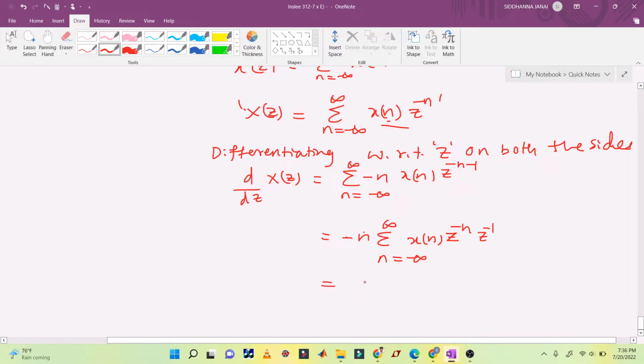Now z power minus 1 is what? Minus of n by z. I can take it out. Now n is equal to minus infinity to plus infinity x of n z power minus n.